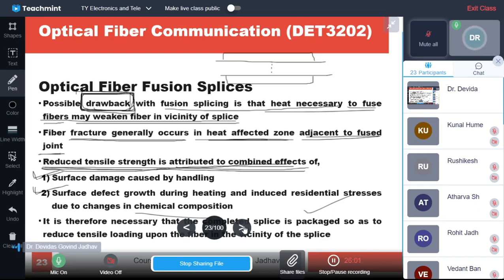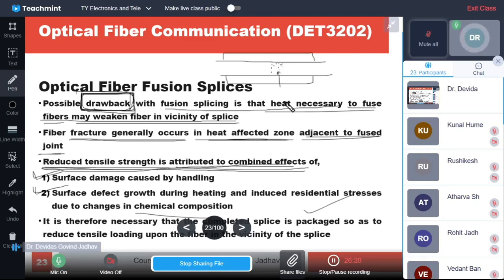Okay, so this is the drawback: fused splices weaken and fractures may be generated here. There is surface damage when handling, there is a surface defect due to the heating, and chemical composition stresses are developed here, which will cause refractive index fluctuation.